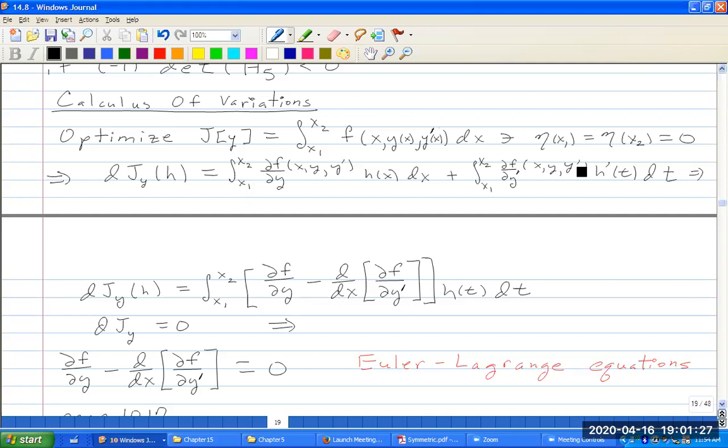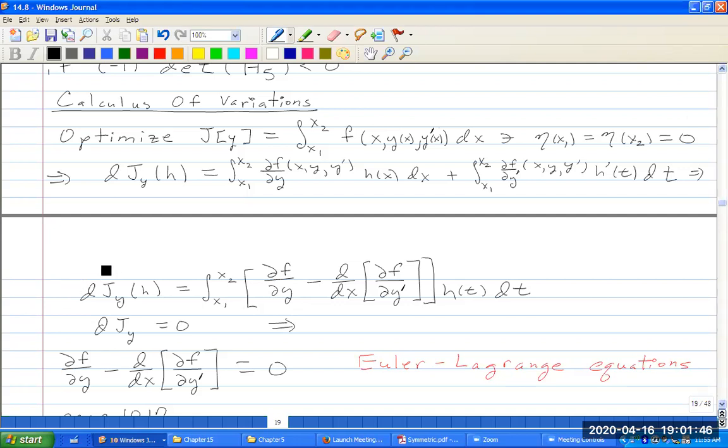And so integrating by parts, and using the fact that these are 0 on the boundary, it'll make integration by parts easy because the first term is just going to be 0.